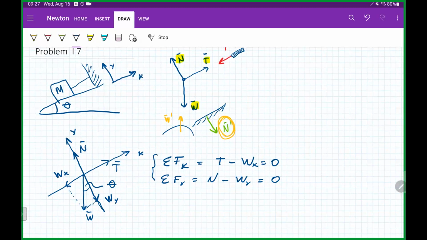And weight x and weight y, we can express them as weight x equals weight sine of theta, and weight y equals weight cosine of theta. All right, so we're just applying trigonometry there.